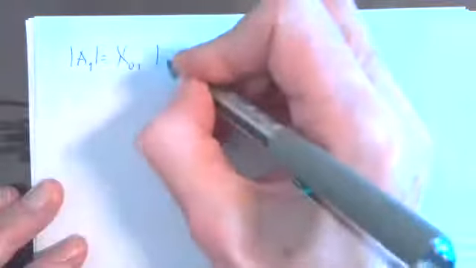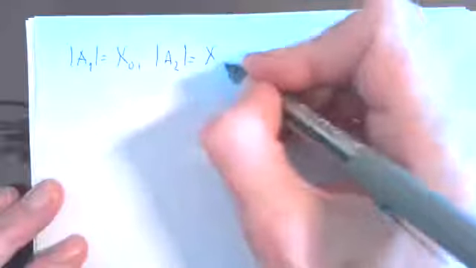Okay, so what are we going to say here for this? So we have A1, which has got cardinality Aleph 0, and we have A2, which has got cardinality Aleph 1.